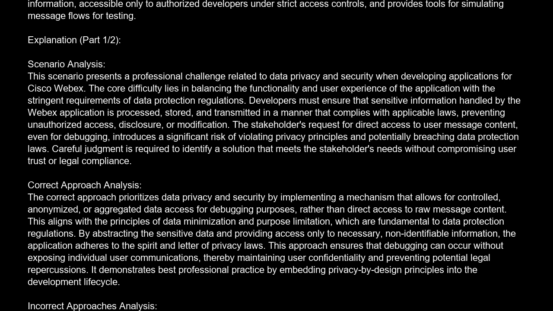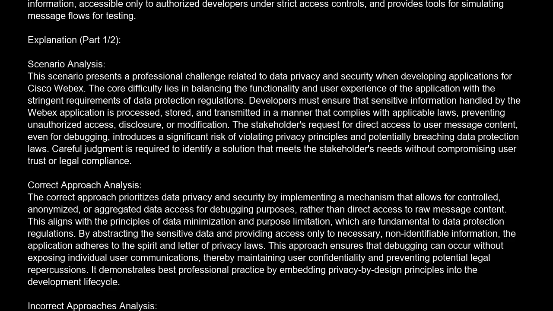The stakeholder's request for direct access to user message content, even for debugging, introduces a significant risk of violating privacy principles and potentially breaching data protection laws. Careful judgment is required to identify a solution that meets the stakeholder's needs without compromising user trust or legal compliance.